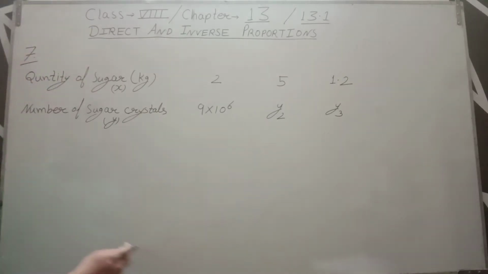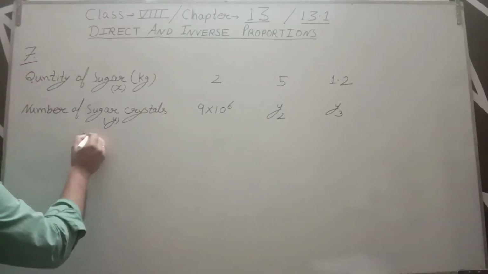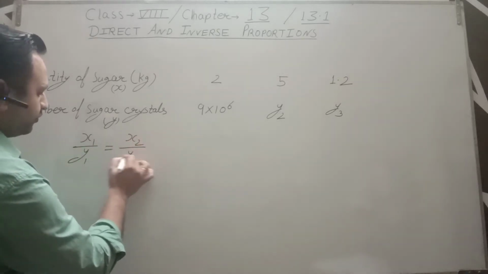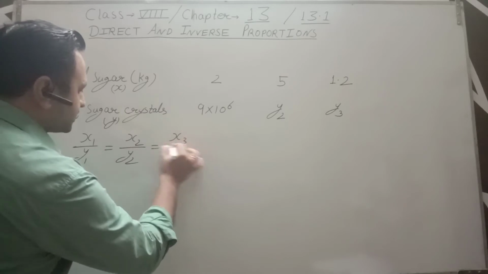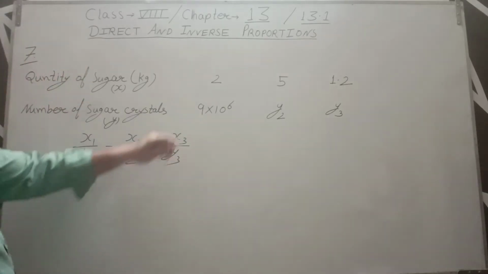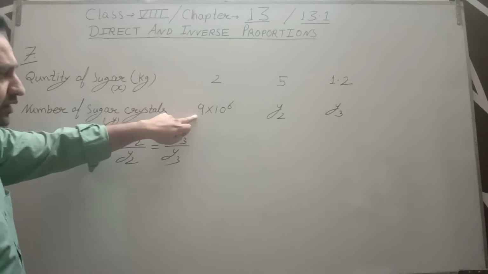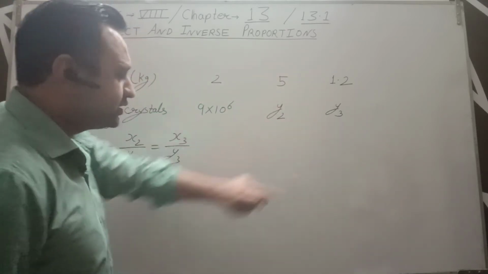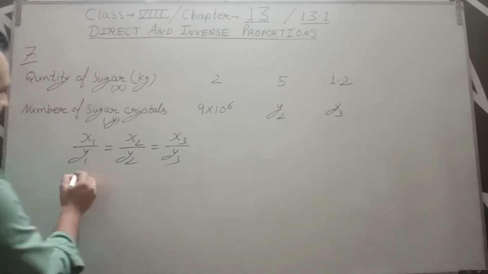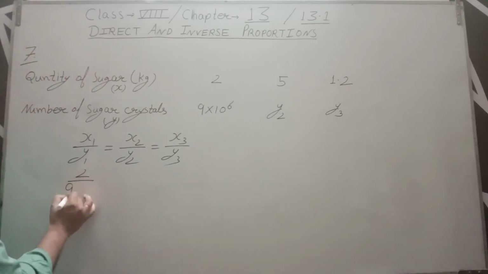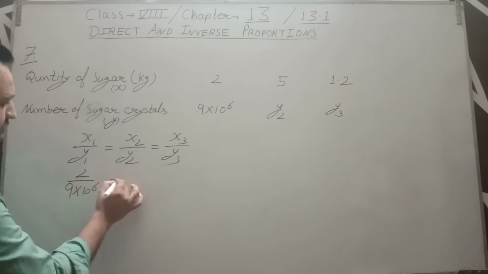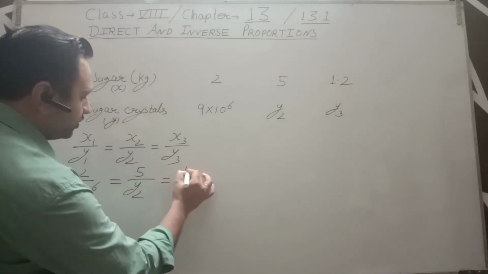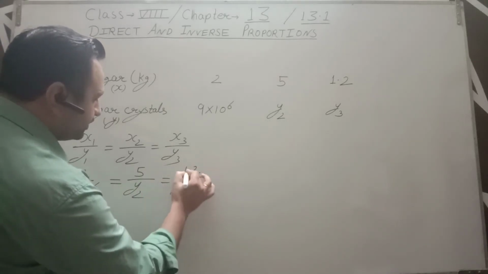So what is the procedure for direct proportions? x1 upon y1 is equal to x2 upon y2 is equal to x3 upon y3. The values of x1, y1, x2, x3 are known, and y2 and y3 are to be found. Now put the values: 2 upon 9 multiply 10 to the power 6 is equal to 5 upon y2 is equal to 1.2 upon y3.